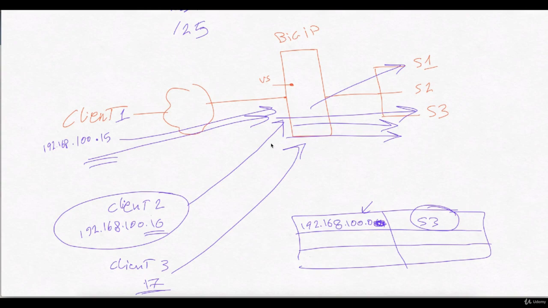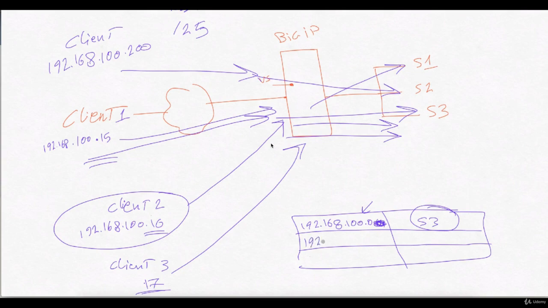Now if we have a client with IP address 192.168.100.200, once he connects, let's say the BIG-IP sends him to server 2, so there will be a record 192.168.100.128, the subnet goes to server 2. This is based on the /25 subnet mask.